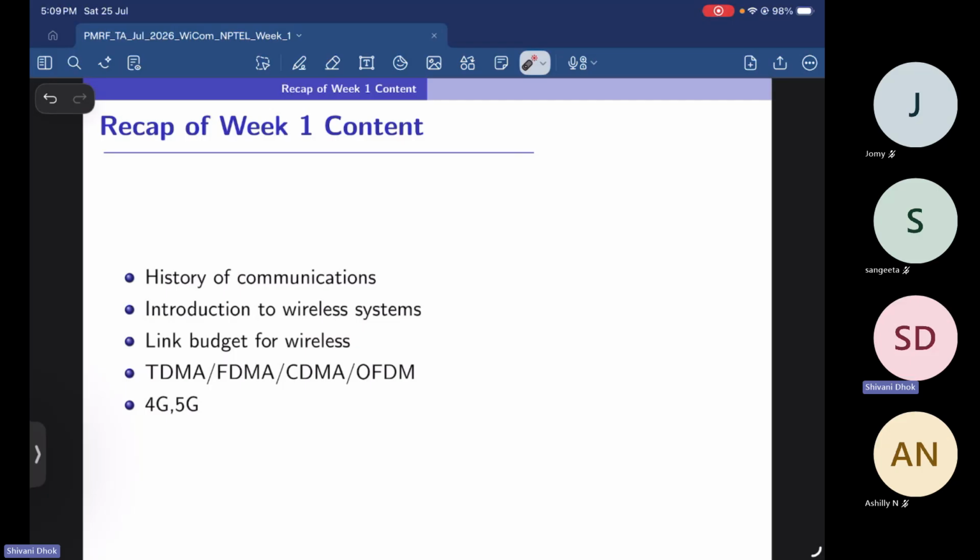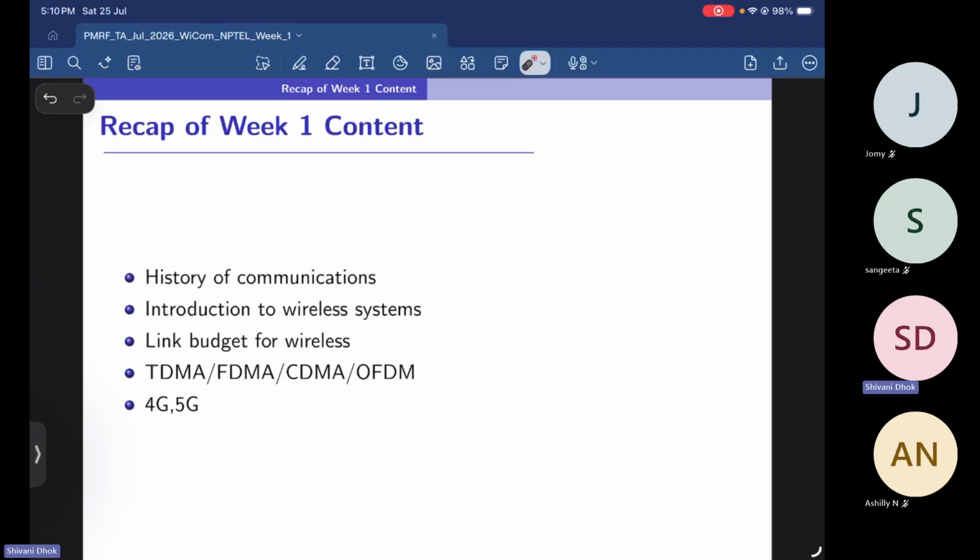Assuming the crowd is diverse, I will take things from the very basics this week. In case you know these things, please be patient for this week as I need to take care of a general crowd.